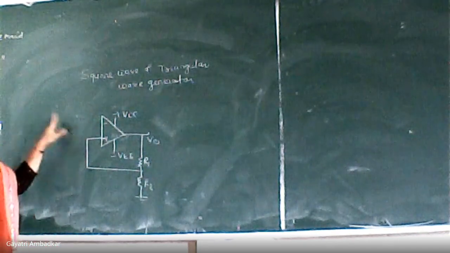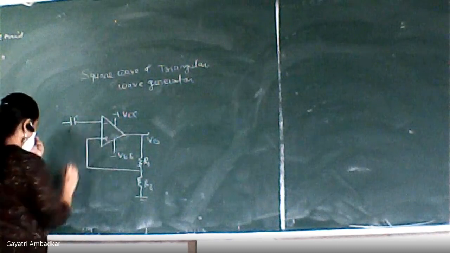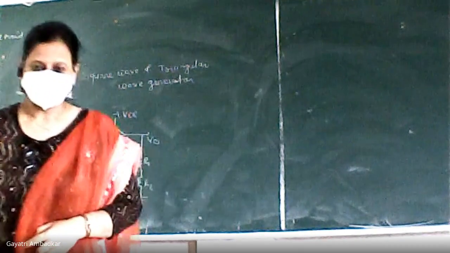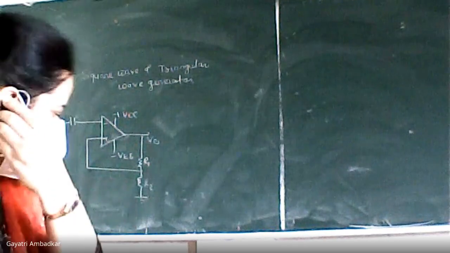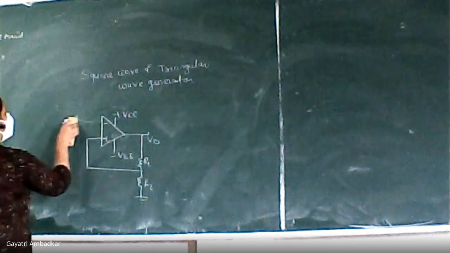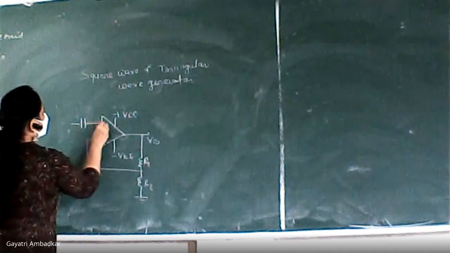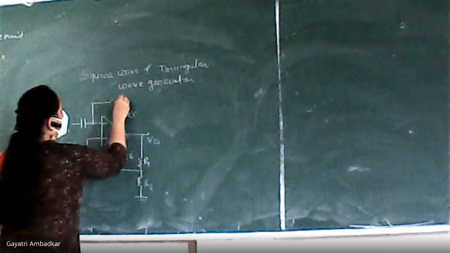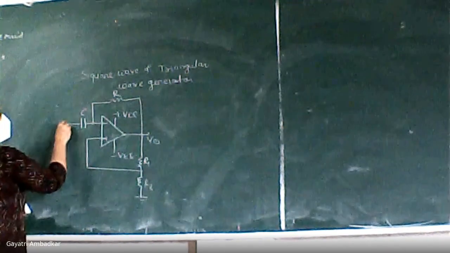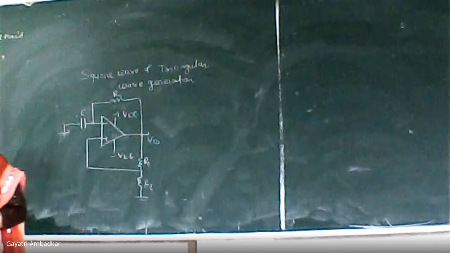Now what we will do instead of that input, we will connect a capacitor and a feedback resistor. This capacitor C and another end we will ground. We will not give any type of external input.